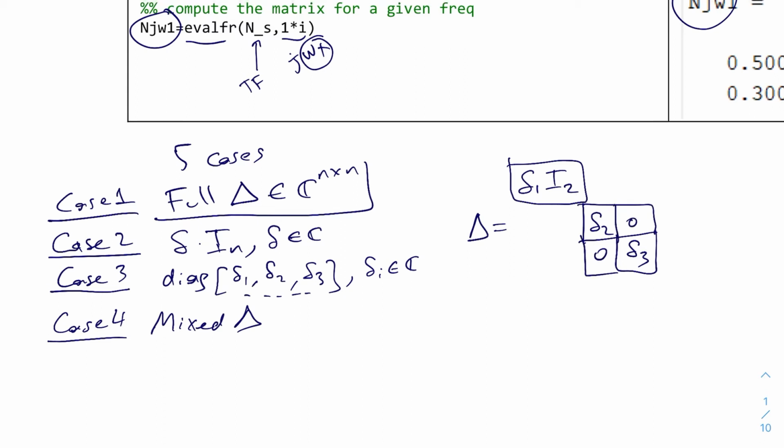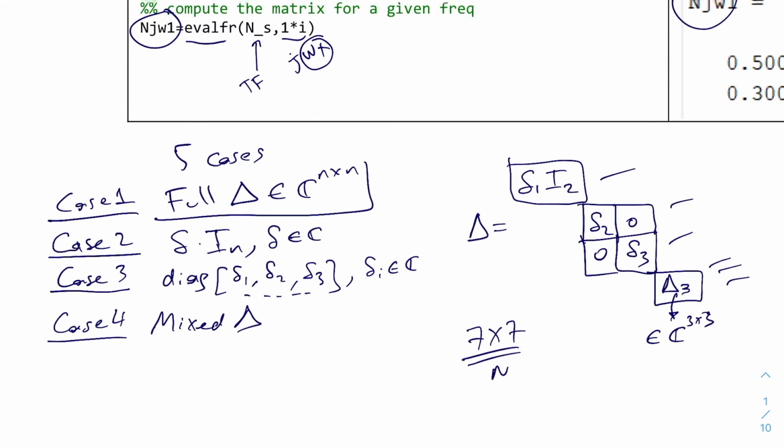This is just diagonal form, and this is, let's say, 3 by 3 unstructured uncertainty. And we would have 2, 3, 4, 5, 6, 7. Let's say we have a 7 by 7 complex matrix n.